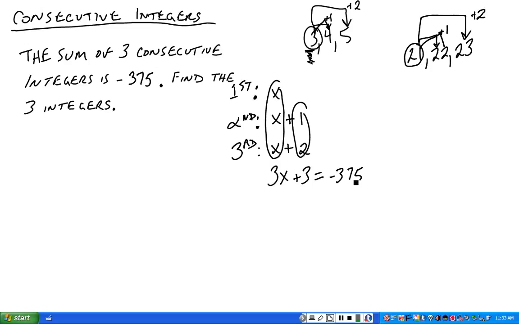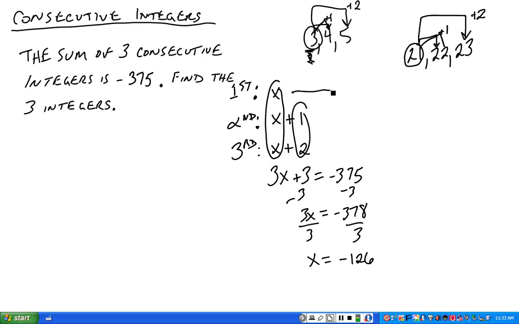So let's see, we subtract 3, 3x equals negative 378, divide by 3, and you end up with negative 126.